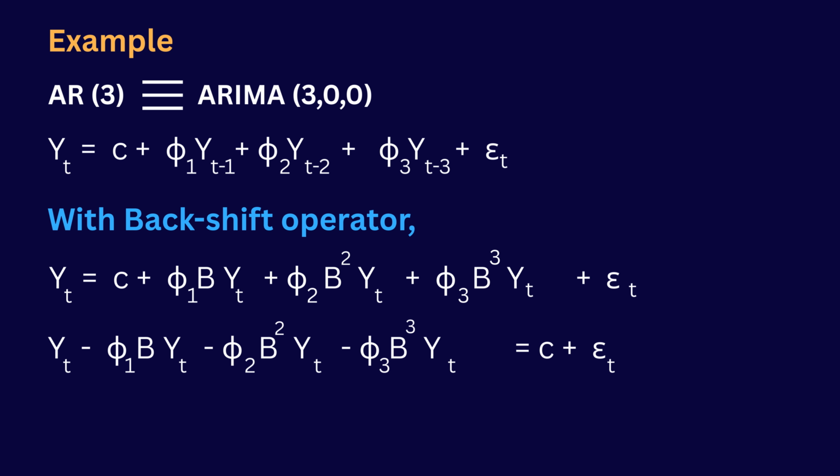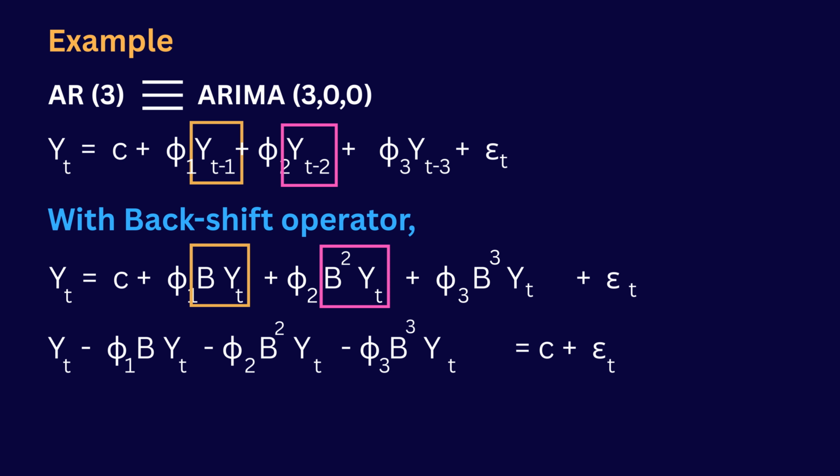So in here what we did was just substitute the backshift value into this formula, because we already know y_(t-1) equals B times y_t, y_(t-2) equals B squared y_t, and y_(t-3) equals B cubed times y_t.